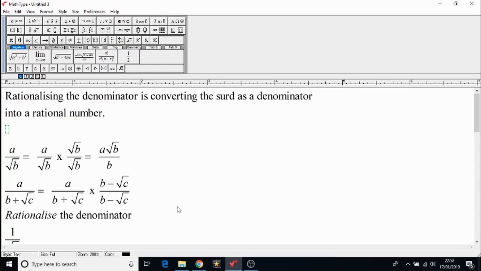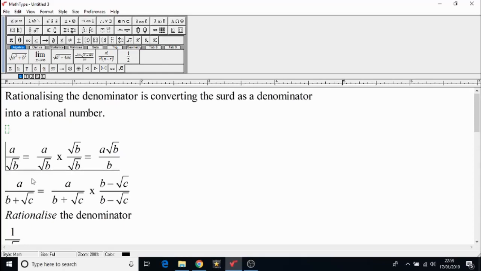There are rules that need to be applied when you're rationalizing the denominator. For example, with the first rule, when the fraction is in the form of a over the square root of b, you have to do a over the square root of b multiplied by the square root of b over the square root of b.